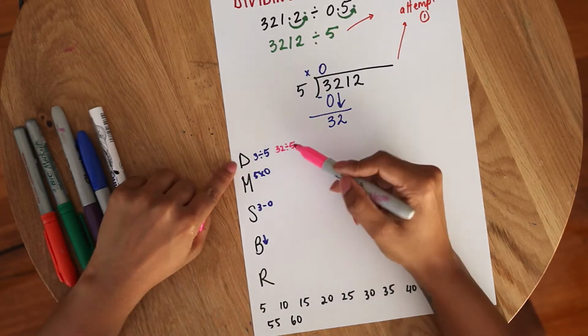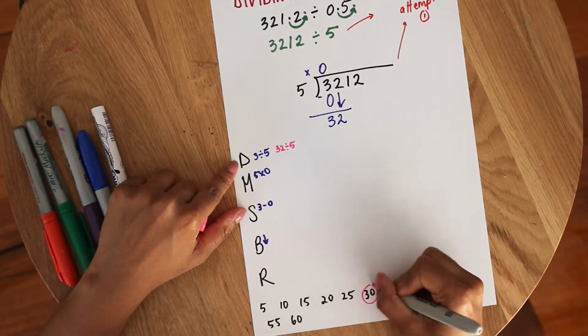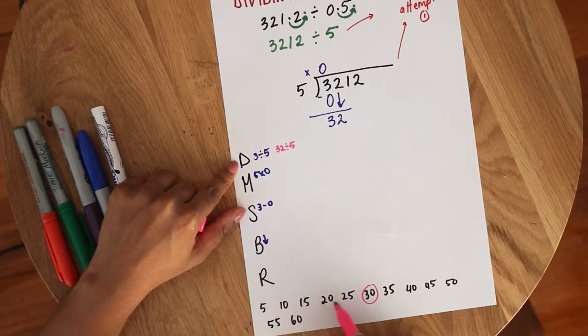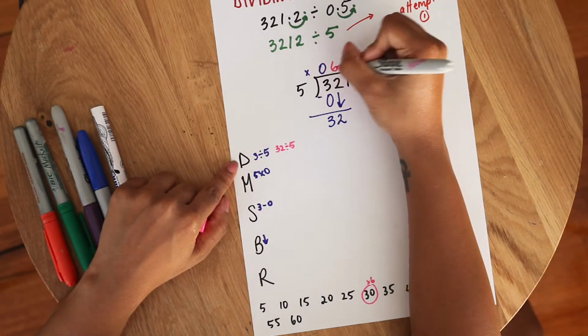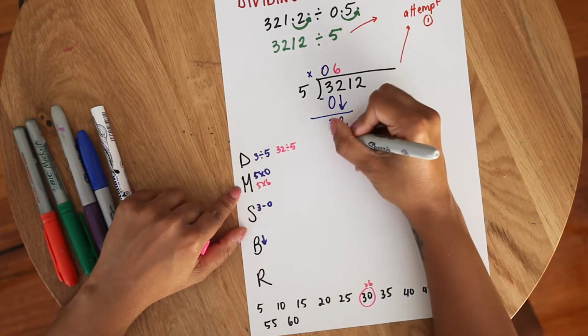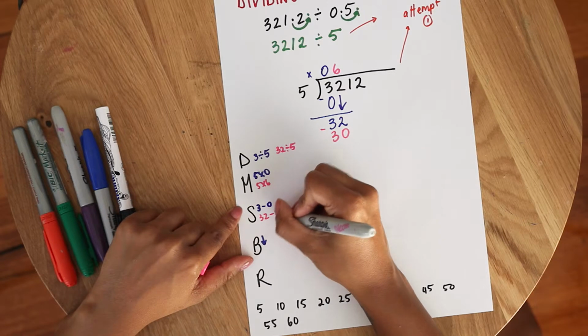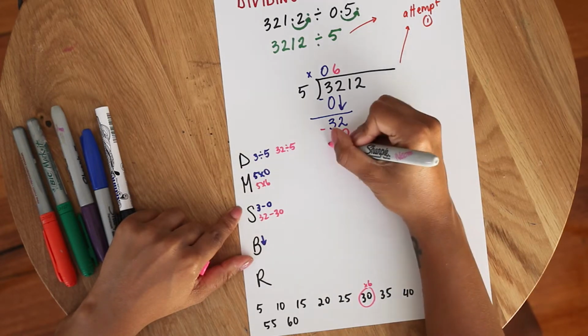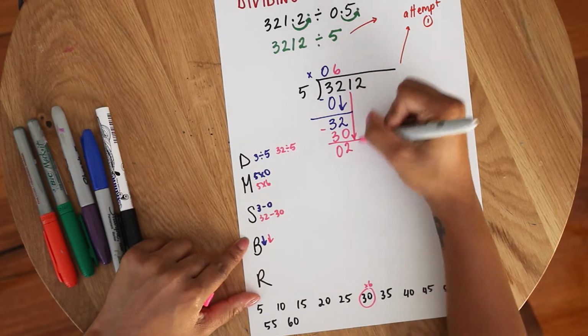So we're saying 32 divided by 5. What's the closest? It's 30, which is 1, 2, 3, 4, 5, 6. Okay, so we write 6 here. We now say 5 times 6 is 30. We now subtract 30 from 32, so that's 2, 0. And now we bring down our 1.